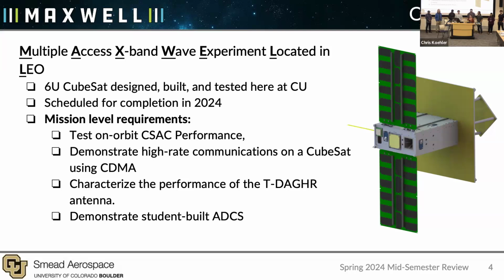Basically, we're going to be designing a 6U CubeSat, and it's going to be completed hopefully this year. And the main goals of the mission are to test an on-orbit chip-scale atomic clock, demonstrate high-rate communications using code division multiple access, and characterize the performance of a T-Dagger antenna, and then demonstrate a student-built ADCS system.